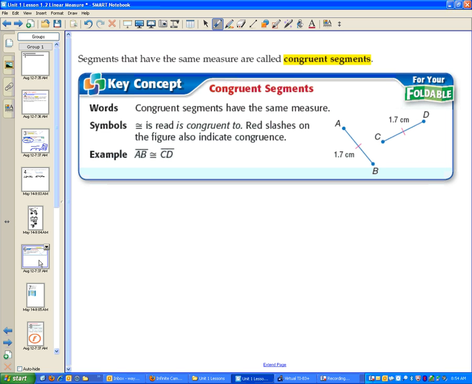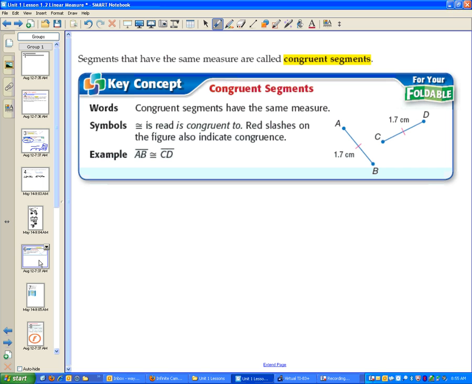In the past, in Great Britain, they would have said segments that have the same measure are called equal. In the United States, we make a distinction. We say that numbers are equal, and figures that are the same size are congruent. Okay? But it means equal. It means they're the same.